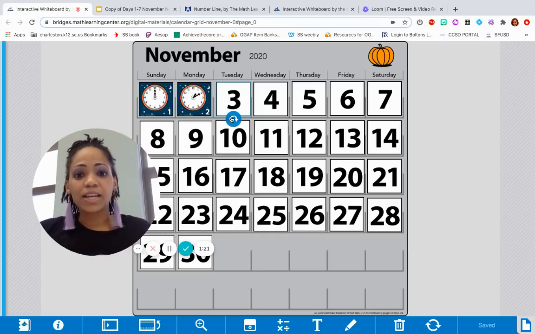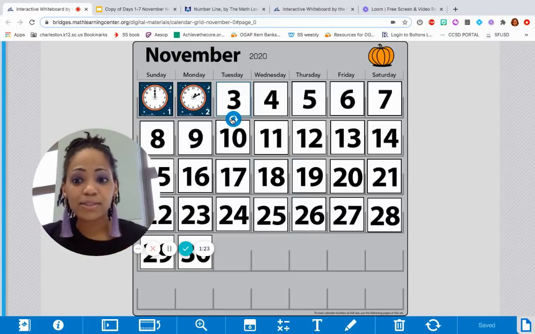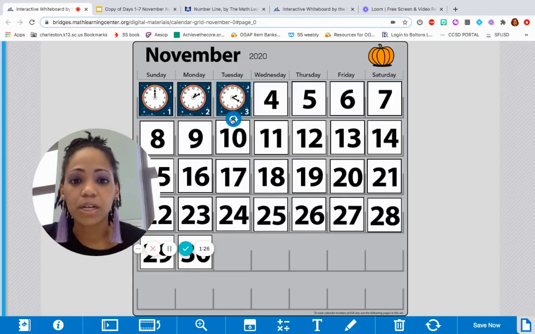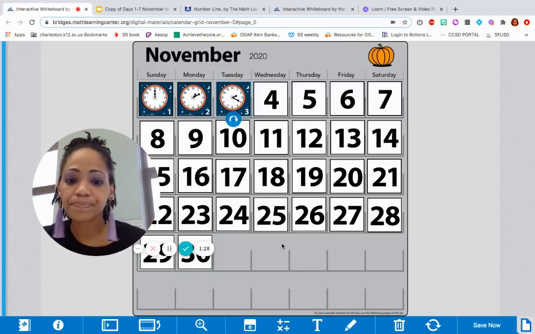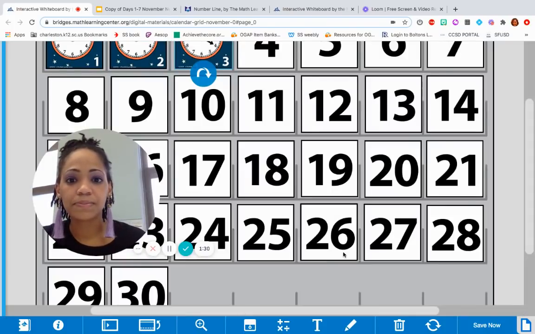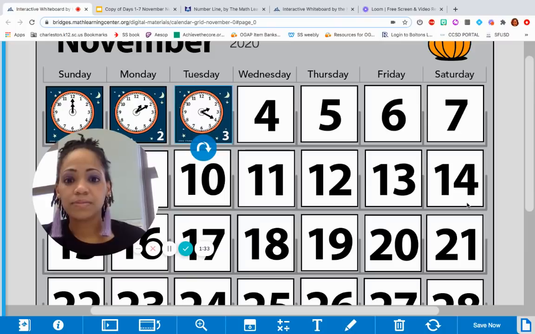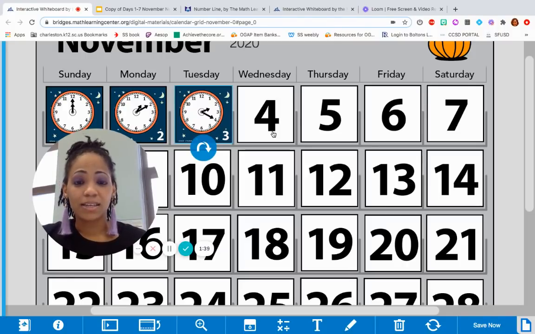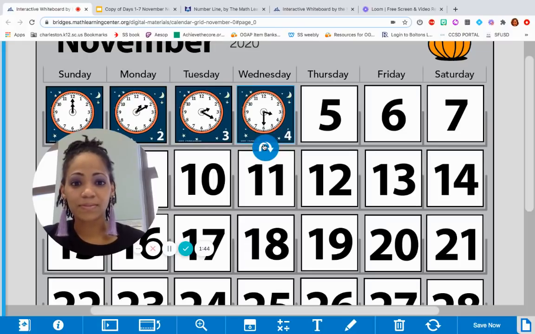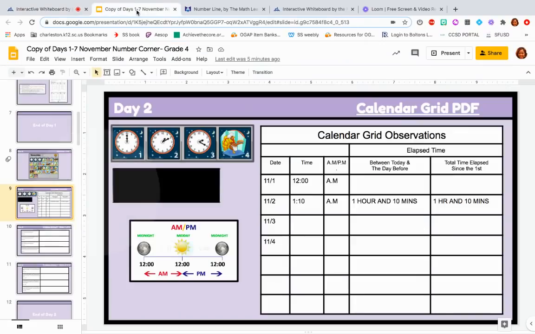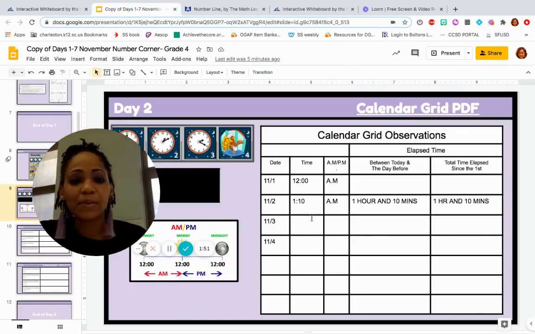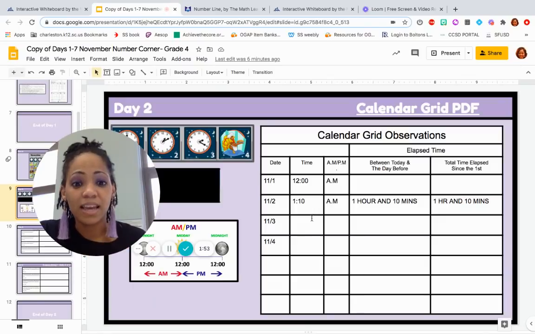All right, so yesterday, November the 3rd, election day, we weren't in school, so let's look at our calendar marker. What time is it? Let me zoom in. Good, it's 2:20. So what time do you think it's going to be today? Let's see. 3:30. Right, and remember that as we are going through our days, it seems that we're adding an hour and 10 minutes every day.